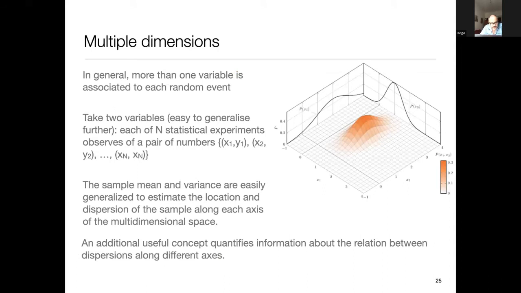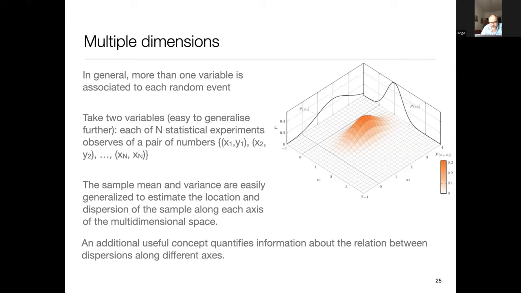If you go into multiple dimensions, in this case it's 2 dimensions, but you can go to an infinite number of dimensions, you can easily generalize the mean and the variance to estimate the location and dispersion of the sample along each axis of the multidimensional space.